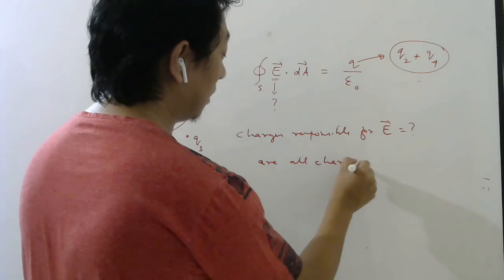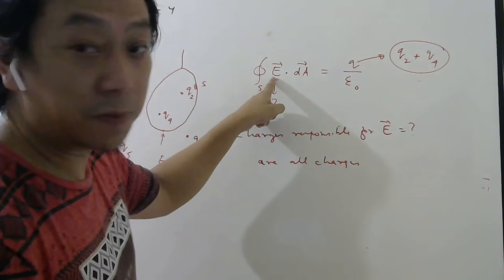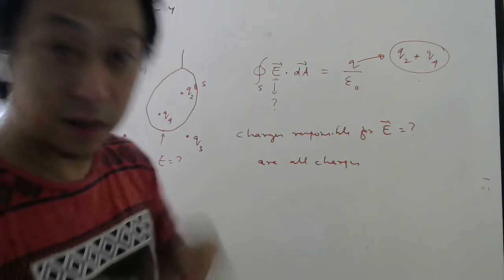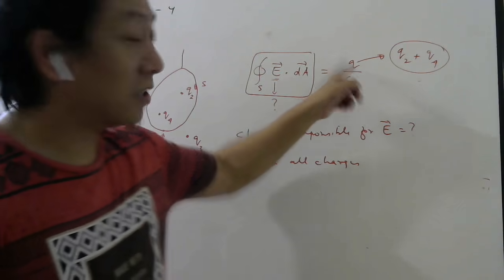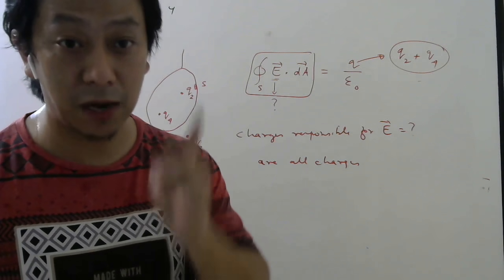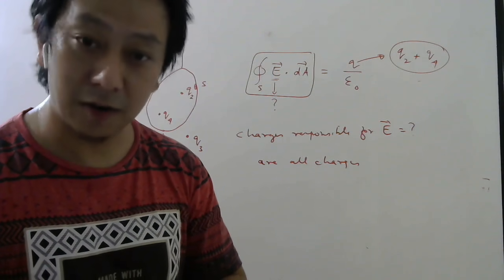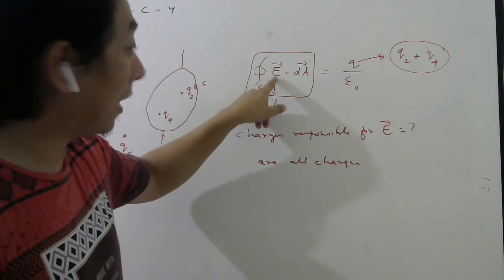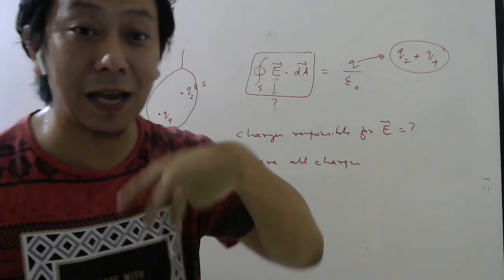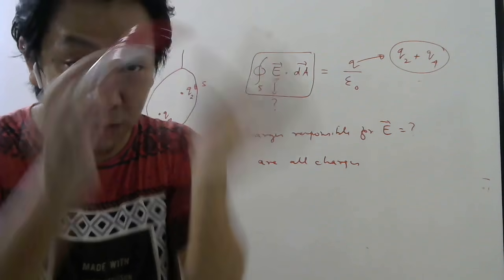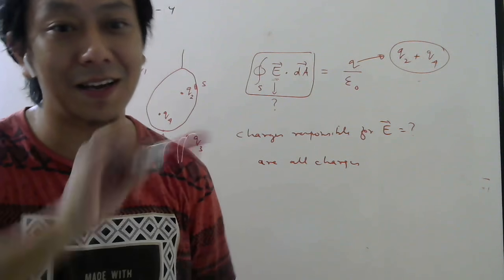So don't think this E is produced by only charges inside. Yes, while calculating the flux, only the charges inside are responsible. Okay, but while calculating the electric field, all charges are responsible. But while calculating the net flux through the closed surface, only charges inside are responsible.